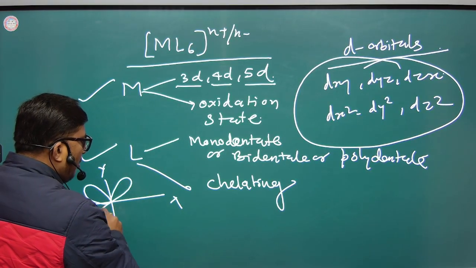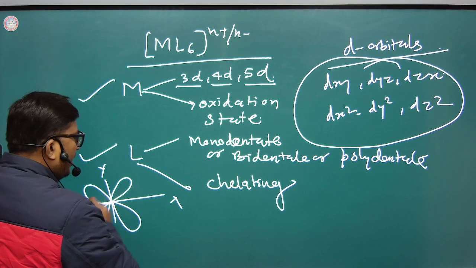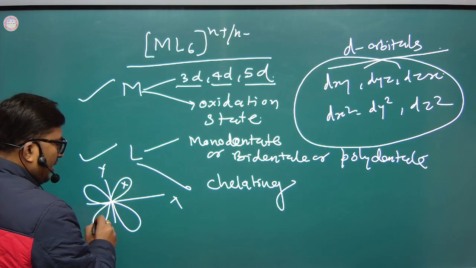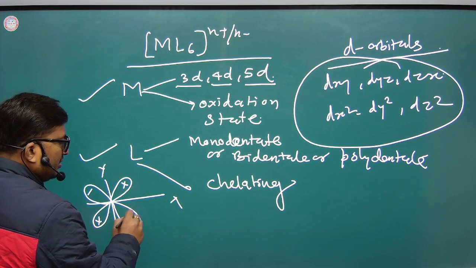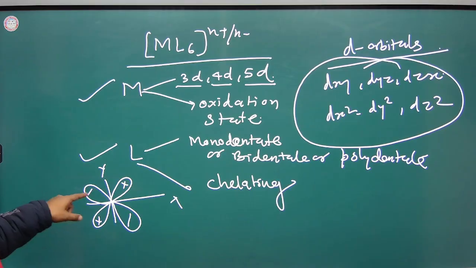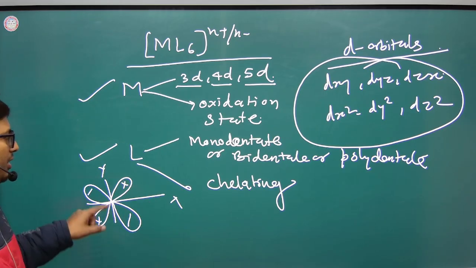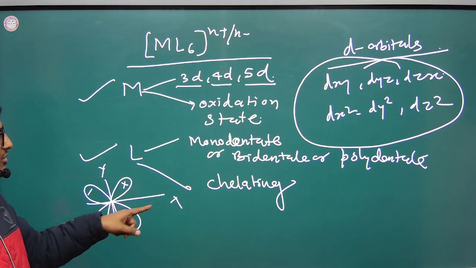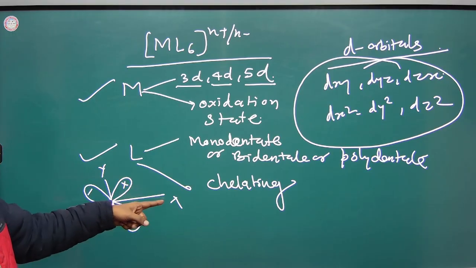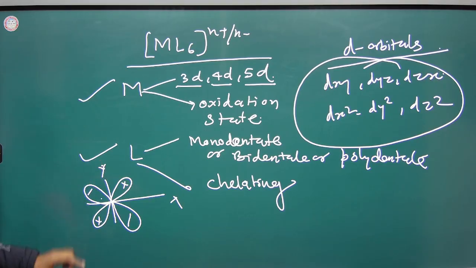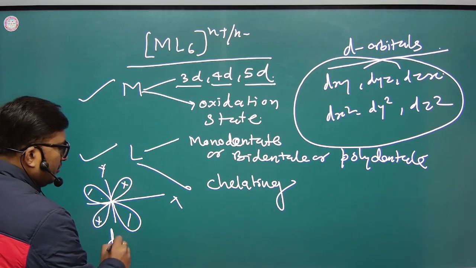If the d orbital looks like that, here this is plus and here plus, this is minus and this is minus. So these orbitals have 4 lobes. This is xy, and the orbitals exist in between the x-axis and y-axis, in between the axes. This is dxy.